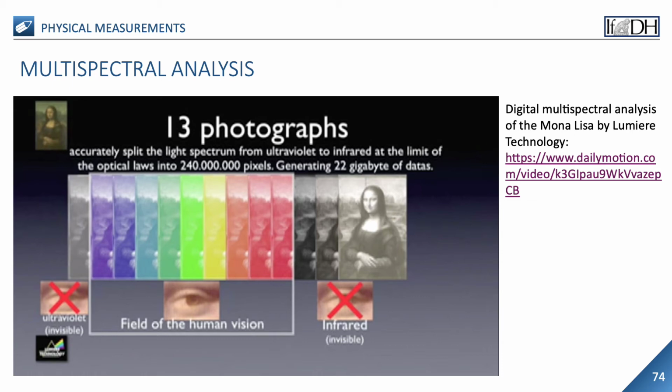The light spectrum is thus precisely broken down from ultraviolet to infrared and distributed over 13 photographs. In our case, that was 240 million pixels and 22 GB of data, which was still a huge amount of data in 2004. The true colors visible to humans only emerge when all the photographs are superimposed.